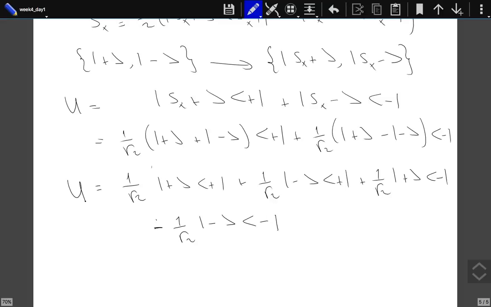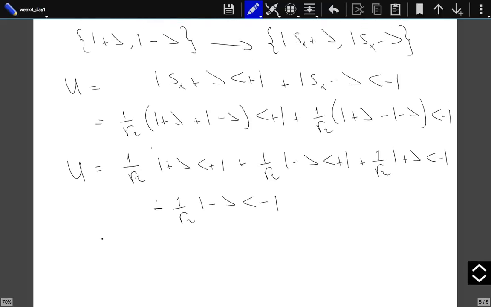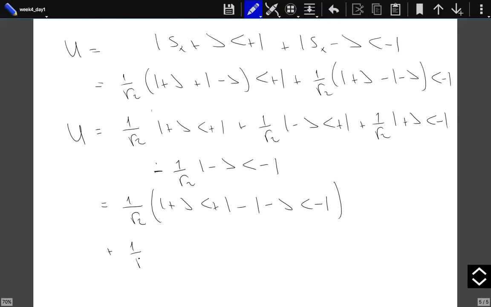This is U. Well, let's see, this is 1 over square root of 2 times plus plus minus minus minus, plus 1 over square root of 2 times minus plus plus plus minus.